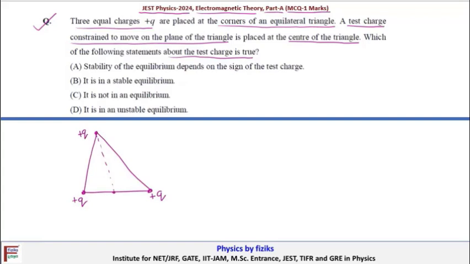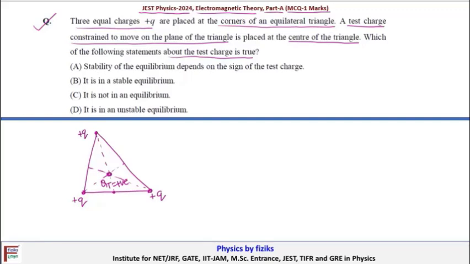So this we have to connect in each case. So this is the center of the equilateral triangle, and here we have placed the test charge QT. And let's first assume this test charge is positive.